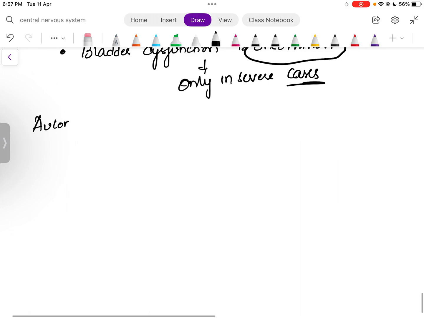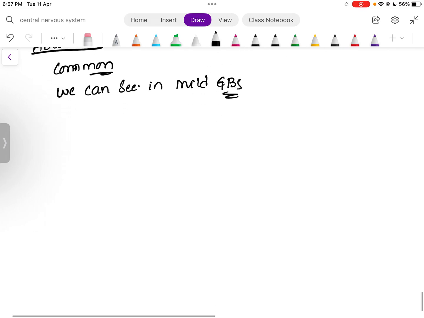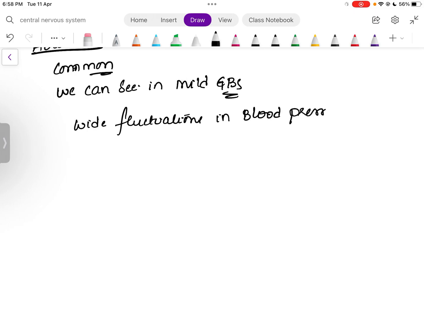Next, autonomic. These autonomic symptoms are common. We can see them even in mild cases, in mild Guillain-Barre syndrome also. What happens when the autonomic nervous system is affected? The patient will have wide fluctuations in blood pressure. The patient will have postural hypotension.